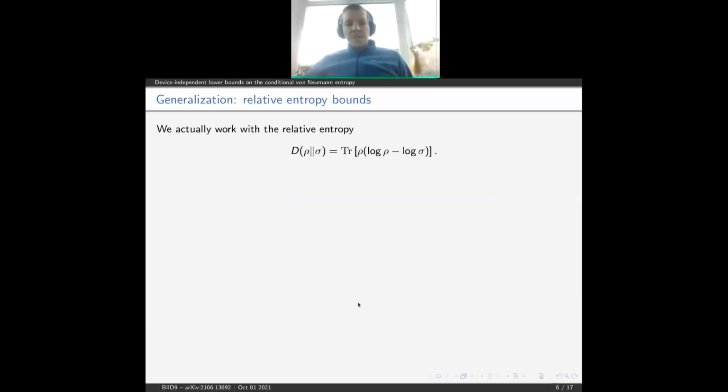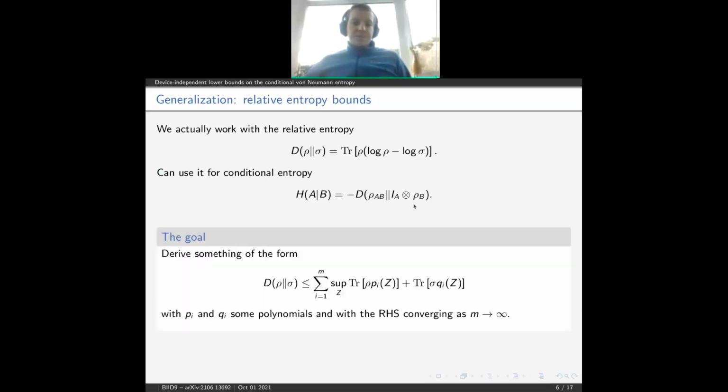Okay. So in the work, we actually prove something slightly more general, and we work with the relative entropy. So this is an expression for the relative entropy, and you can use it to define your conditional von Neumann entropy using the following formula.